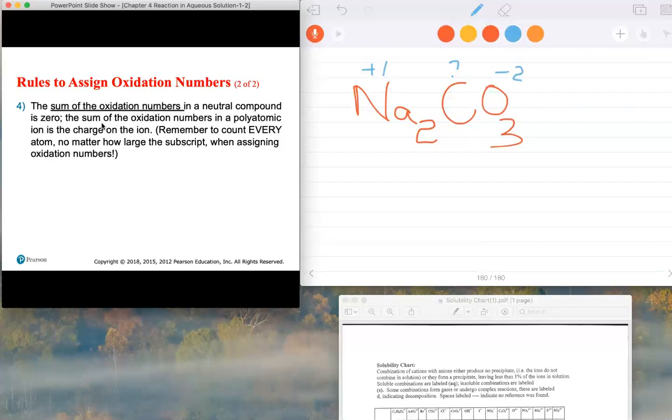We do the math here and equate to 0: 2 times 1 for each sodium, plus X for carbon, plus 3 times -2 for each oxygen, equals 0.